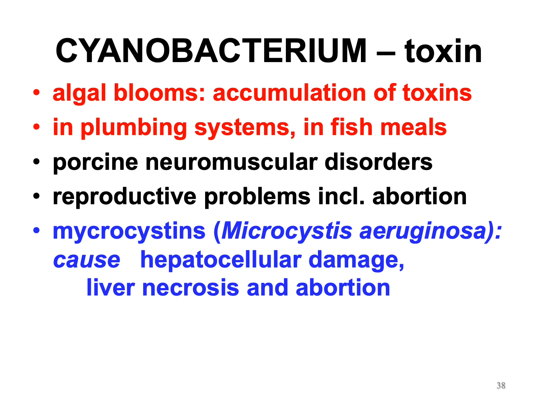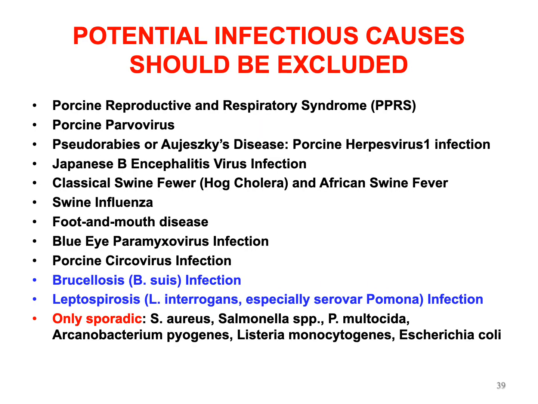Reproductive problems included abortion, and the microcystins itself, produced by the microcystis aeruginosa, may cause hepatocellular damage, liver necrosis, and abortion.